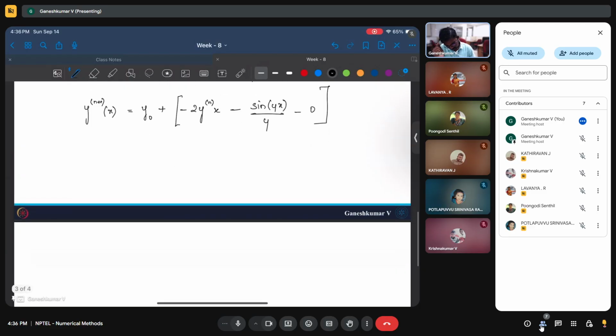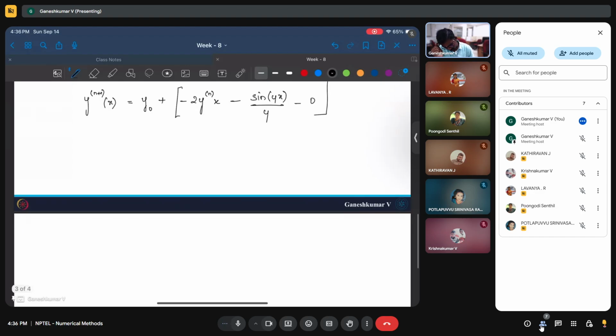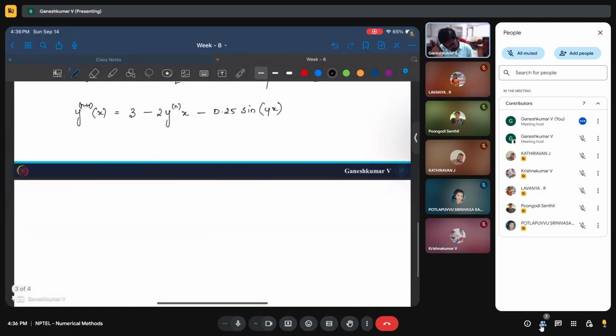Now you know y naught is 3. So y at the (n+1)th iteration at x is equal to 3 plus minus 2 times the previous iteration value times x, minus 0.25 sine of 4x. Now we need to find it for x equal to 0.4. Let's substitute x equal to 0.4.